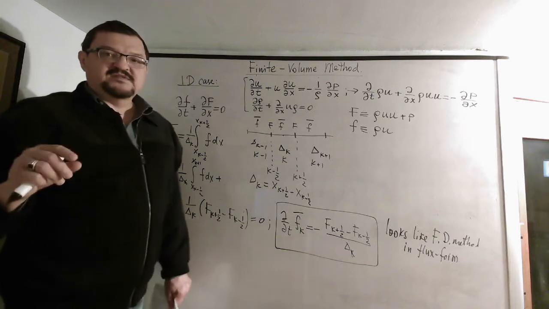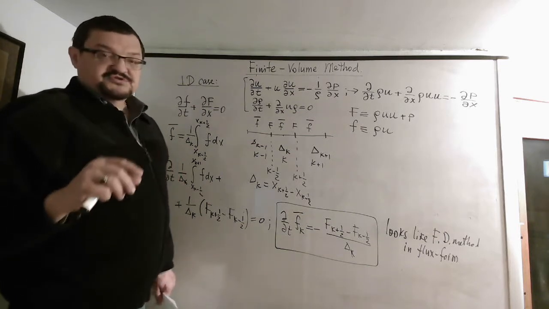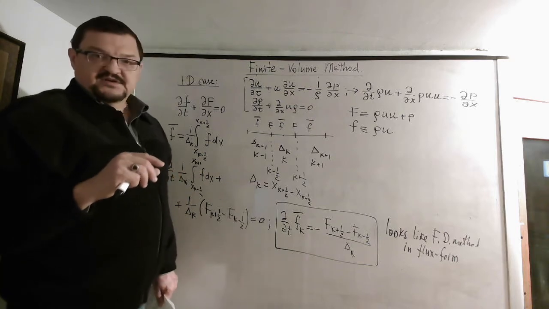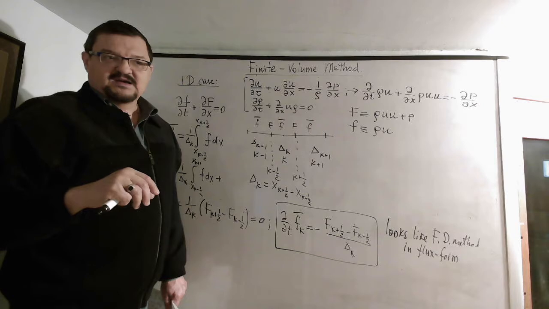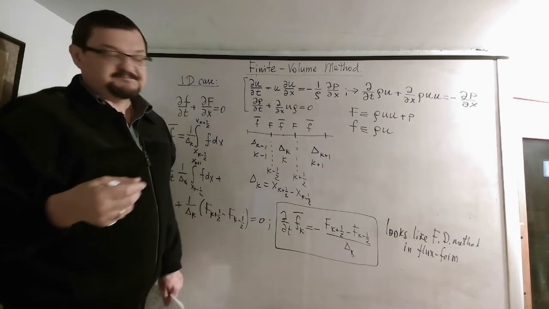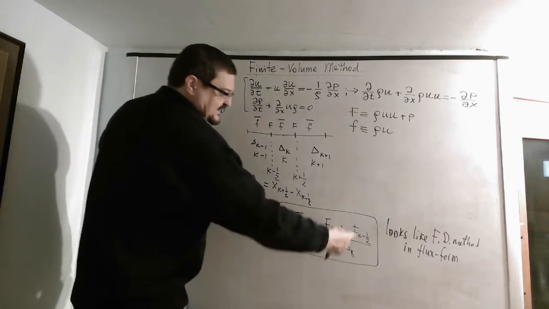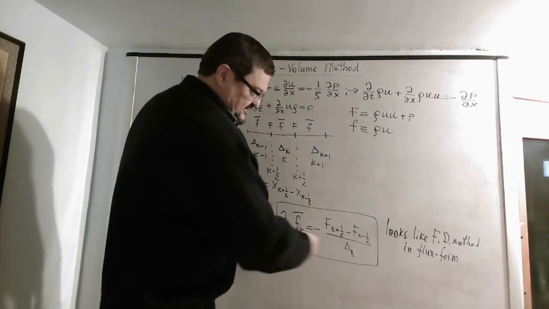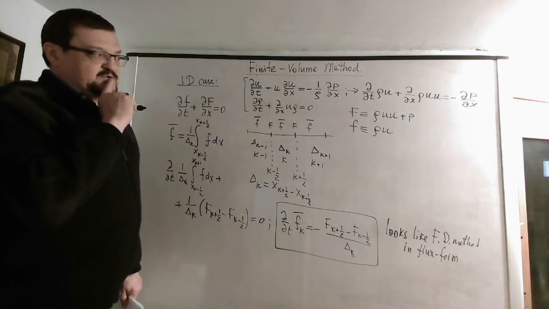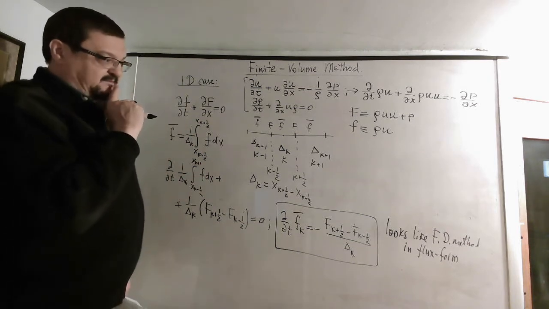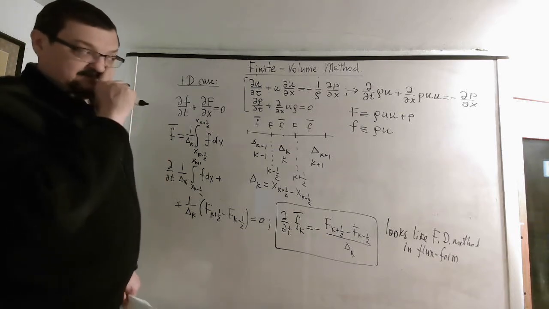Finite volume method in atmospheric models, and ocean too, is usually applied to horizontal directions, and vertical directions are usually handled with finite differences, although written in flux form. But in the horizontal direction, in our models, we use finite volume methods. They are much more popular than finite differences in our models.